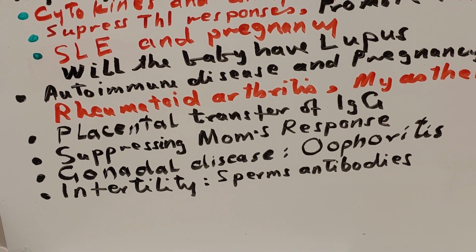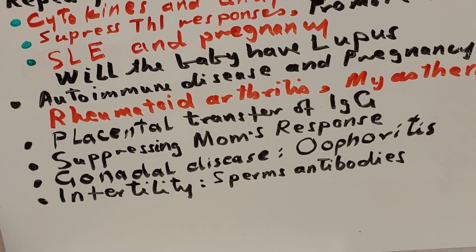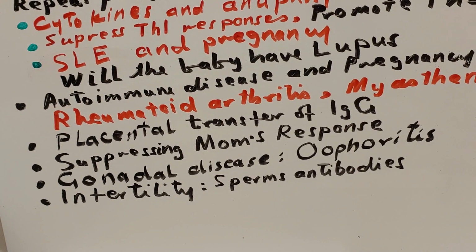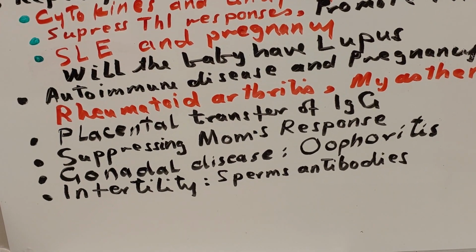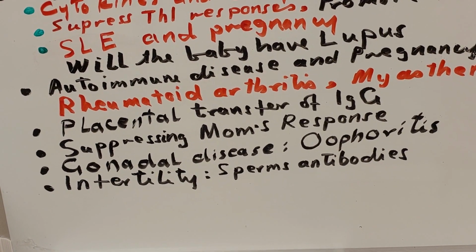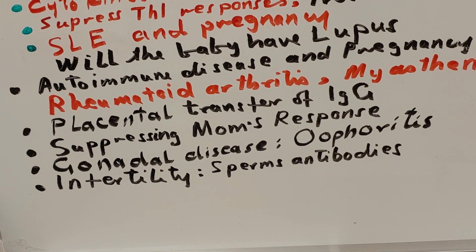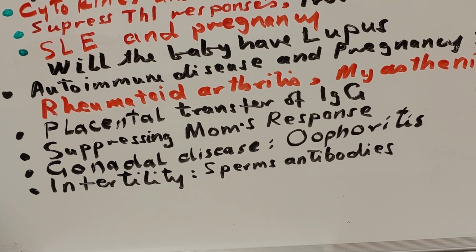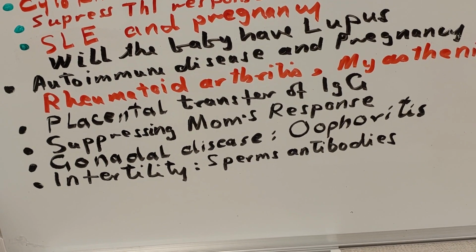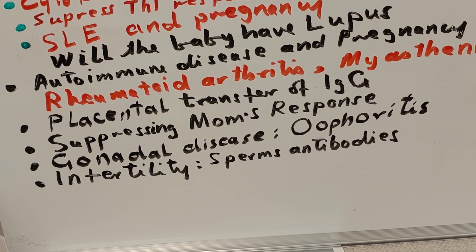The target for T cytotoxic cells is cells expressing allogenic antigens in association with major histocompatibility class 1.